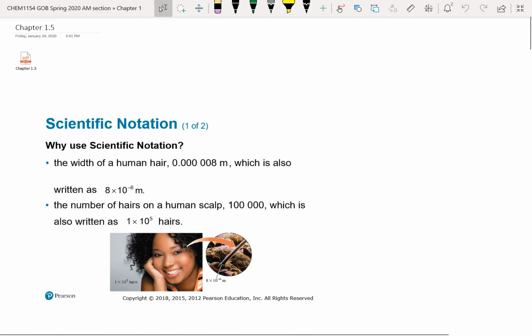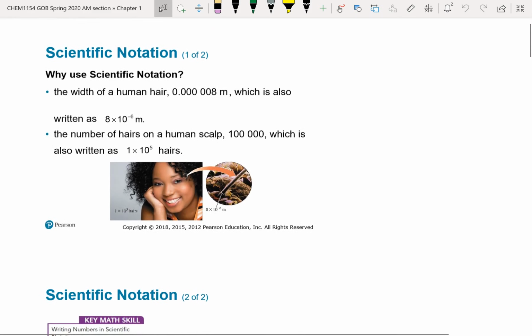The last section of chapter 1 deals with this notation that we use in chemistry, but we also see it in physics and maybe some biology. Not as frequently in biology, but definitely all throughout chemistry and physics. It's this technique known as scientific notation.